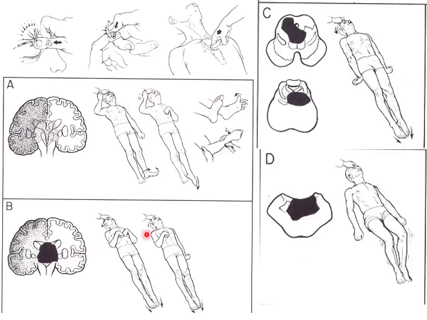If, on the other hand, the damage is lower in the pons, eliminating the red nucleus, but above the vestibulospinal tract origin in the vestibular nuclei, then we'll see bilateral extension of the arms and the legs, which tells us the damage is below the midbrain, entering into the pons, and leaving the medulla intact enough to produce those arm extensions.